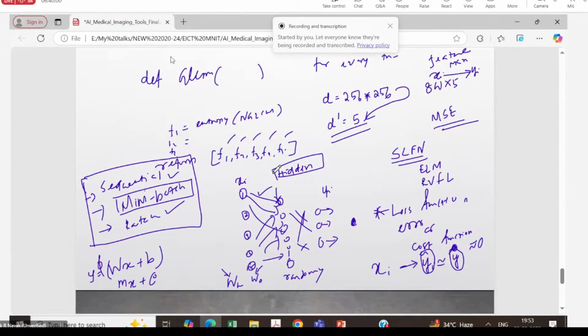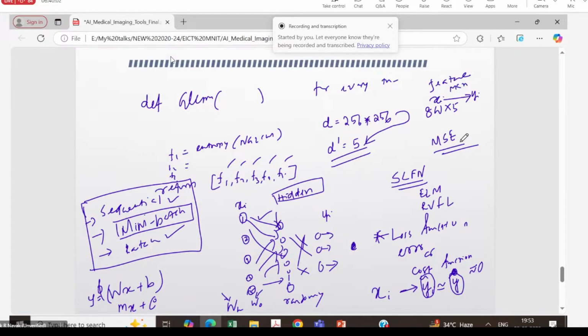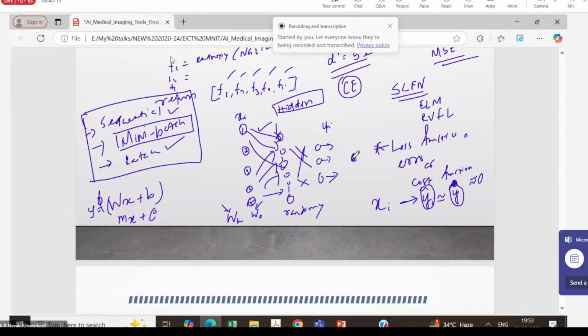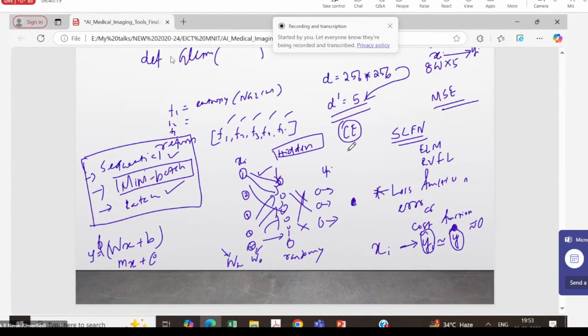So people have used mean square error to solve the problem, but nowadays we are not adopting this. We are adopting a more suitable one. What is that? That is cross entropy, which you might have heard about. Why are we adopting cross entropy here? Why not mean square error?